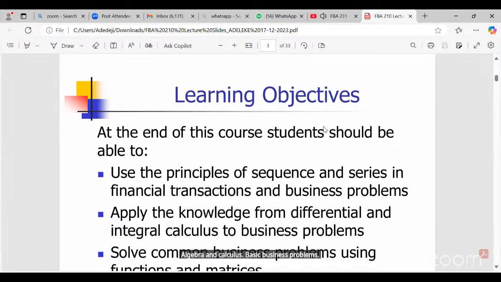So at the end of the course, students are expected to know how to apply the principles of sequence and series as they relate to financial transactions, and also apply the knowledge from differential and integral calculus to basic problems.